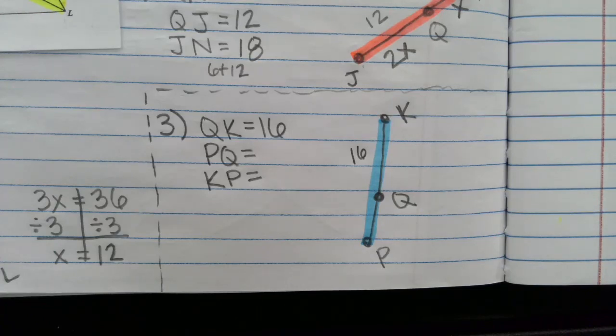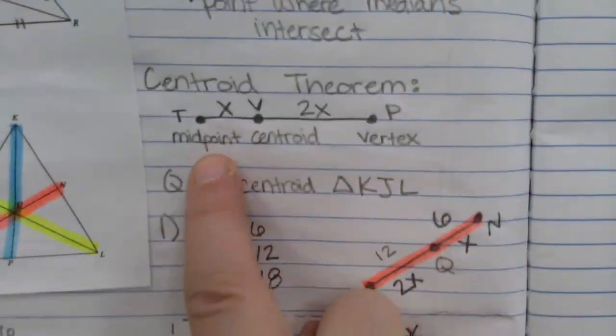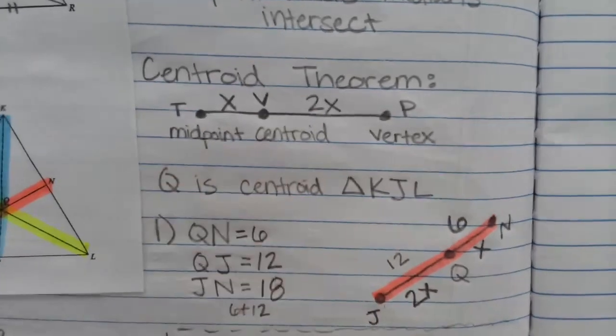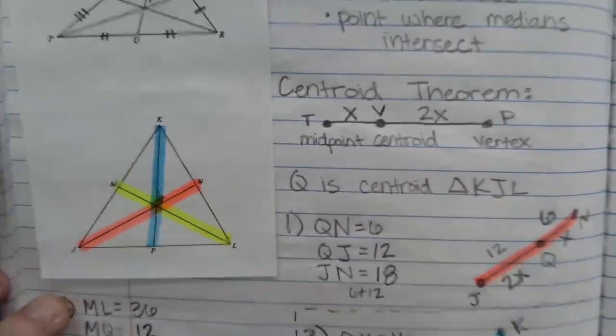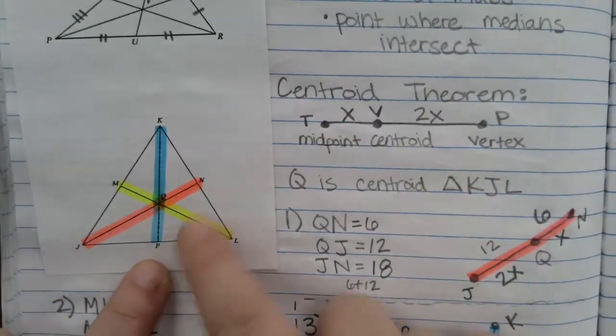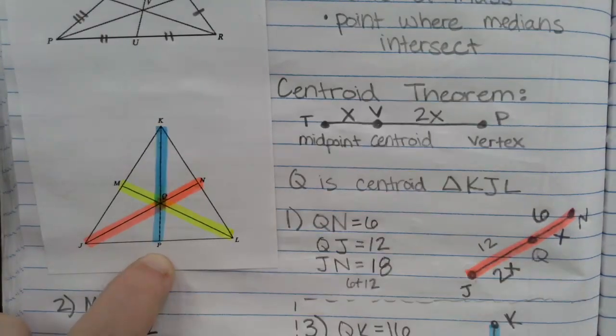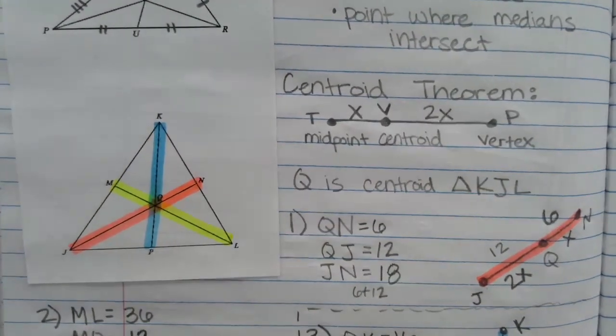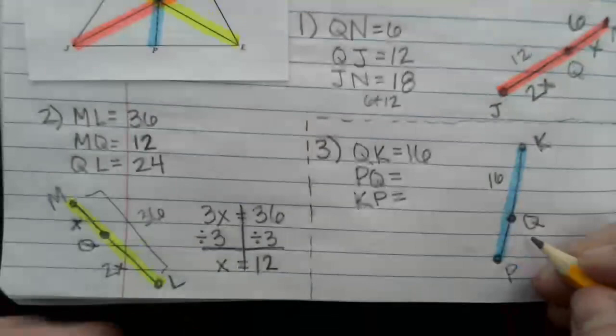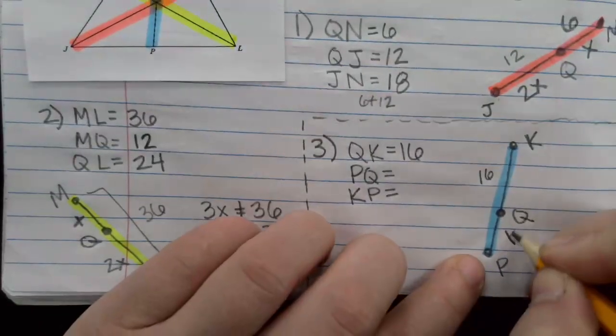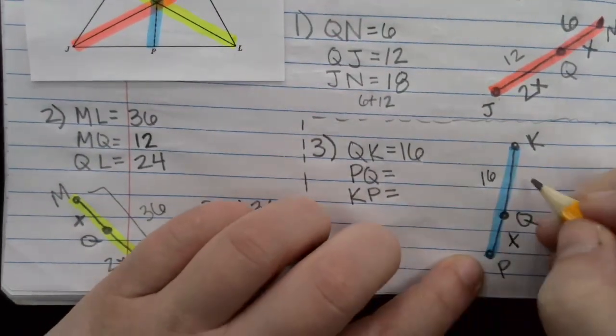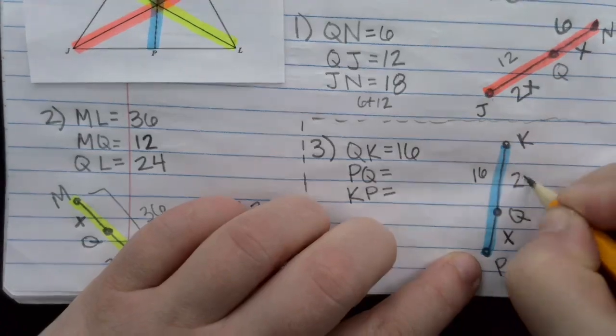Remember, X always goes closest to the midpoint. So when we look back at our triangle, that's really important. Which one is the midpoint, P or K? P. So X has to go next to P. So here's our X, which means that this is 2X.